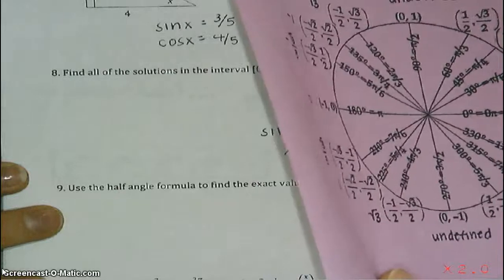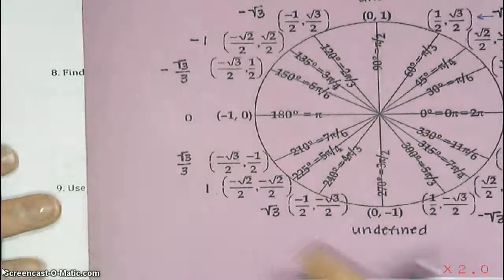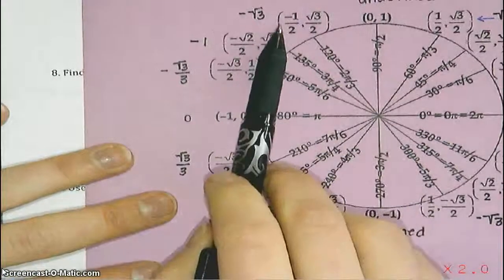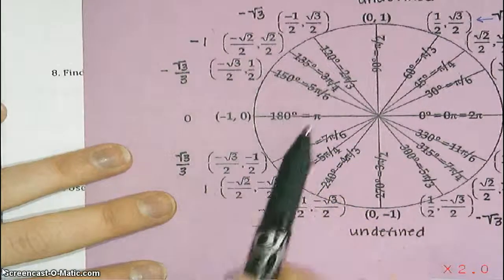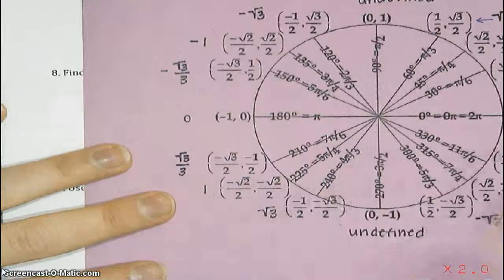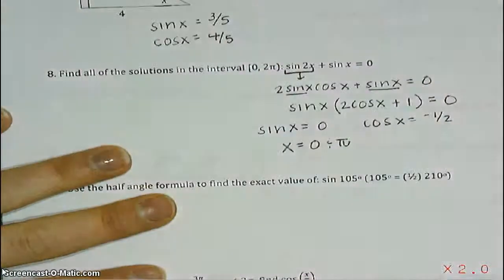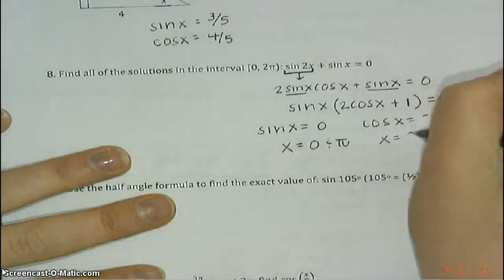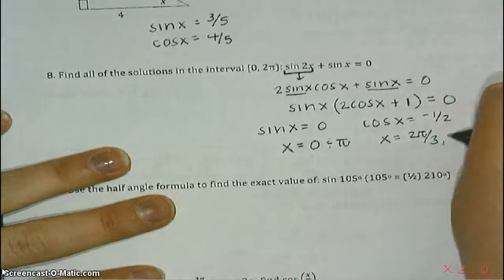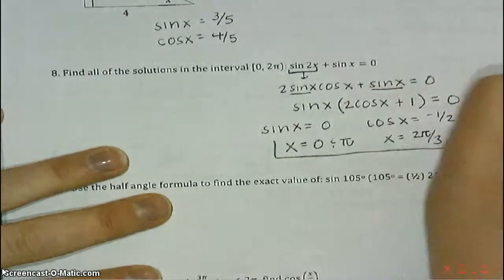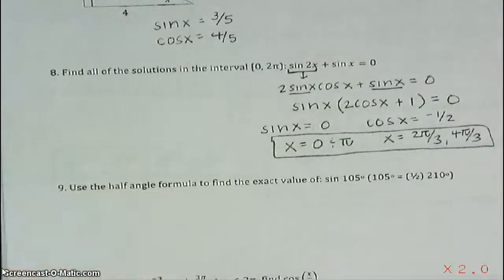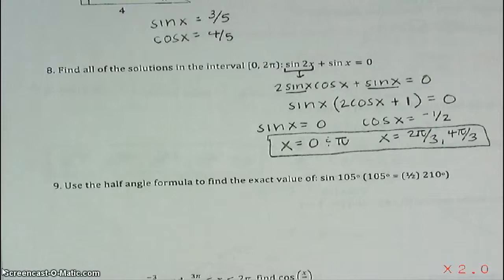The other places that we're looking for are where cosine is equal to negative 1/2, and that's going to happen in quadrant 2 and 3, and our angles are 2 pi over 3 and 4 pi over 3. And that should take care of part 8.